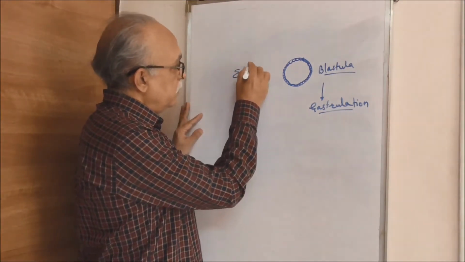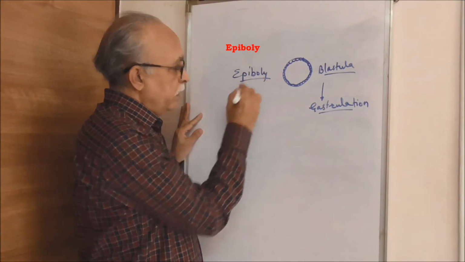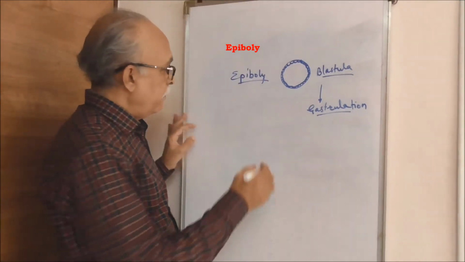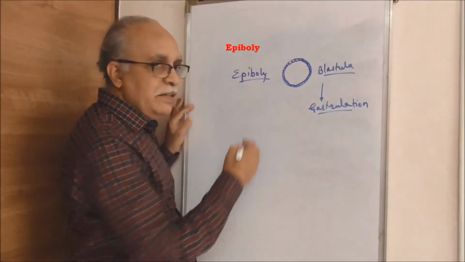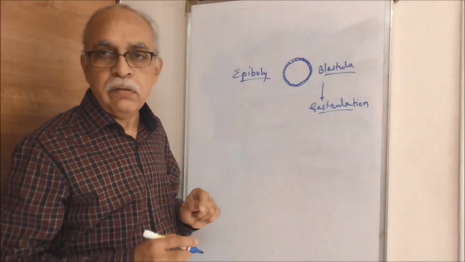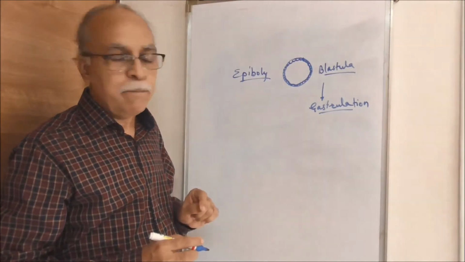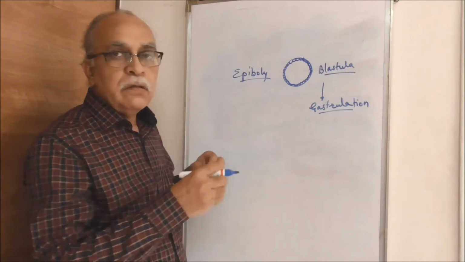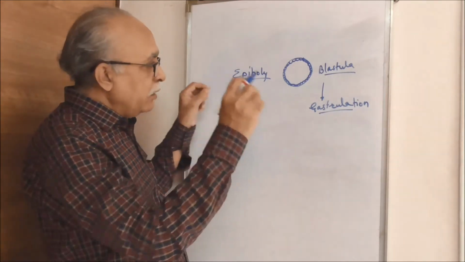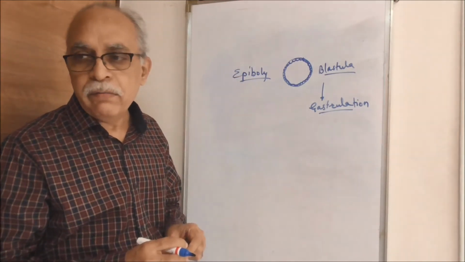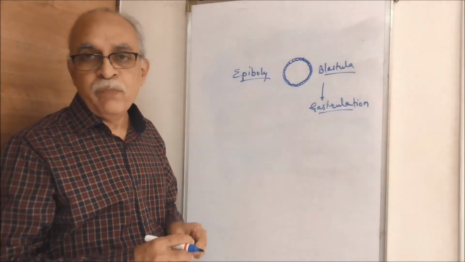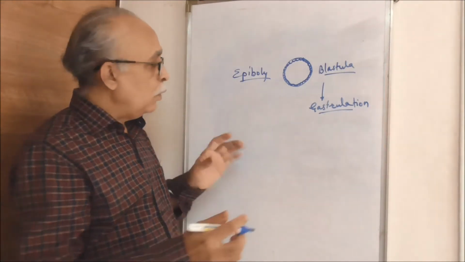There's something called epiboly. Epiboly ideally would mean the layer increases in length. That is, cells multiply and add to the length of the layer. That's called epiboly. How will that happen?